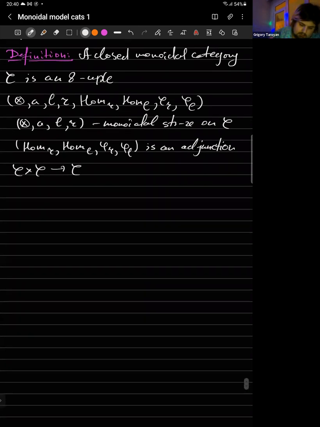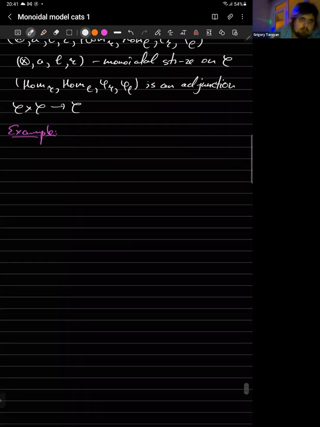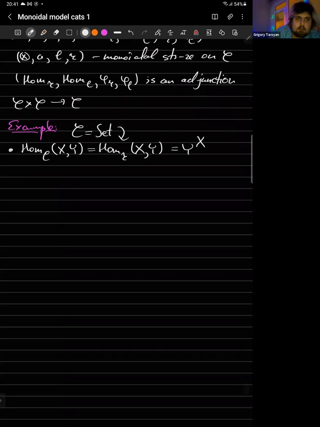Okay, let me give an example. So in sets, we don't have any difference between left or right objects. We just get this power set.